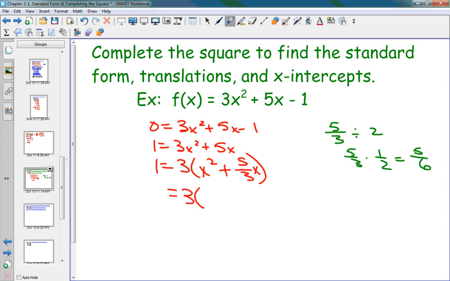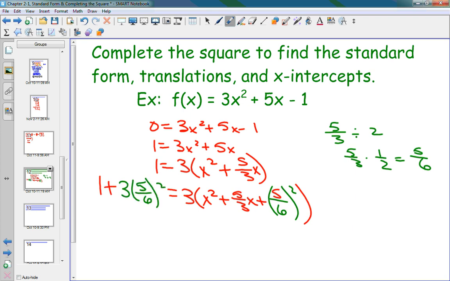I'm going to square it and add it to both sides, inside this parenthesis. So what did I actually add on the right-hand side? I'm actually adding 1 plus 3 times the 5/6 quantity squared.